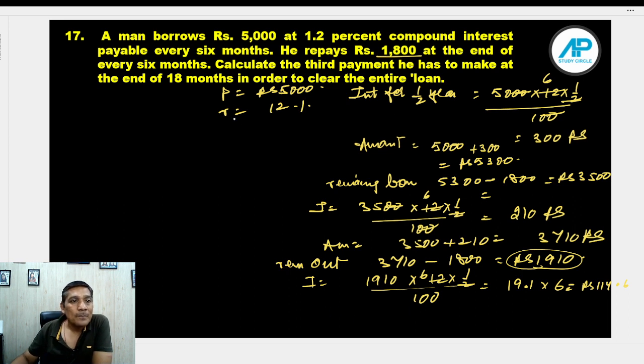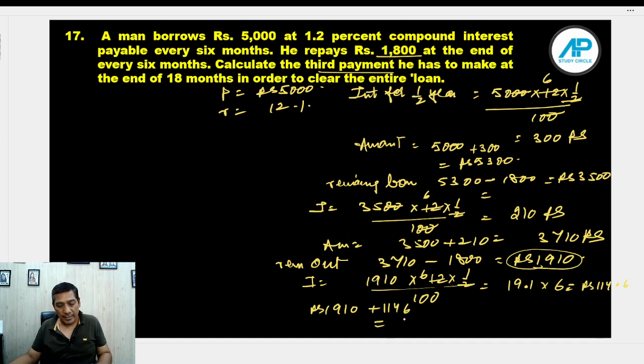So the third payment would be 1910 plus 114.6. Whatever amount comes, that is the final value I need to pay at the end of 1.5 years, 2024.6 rupees.